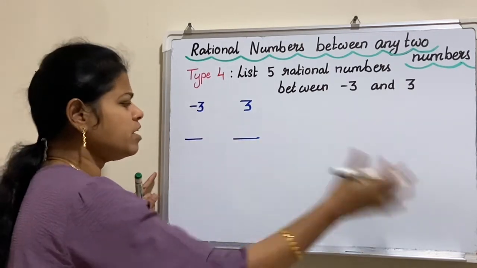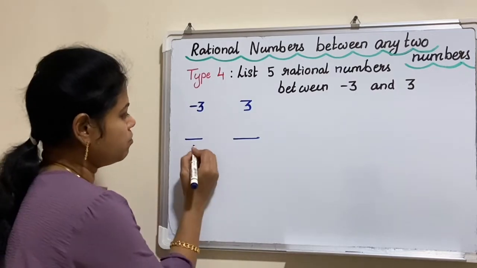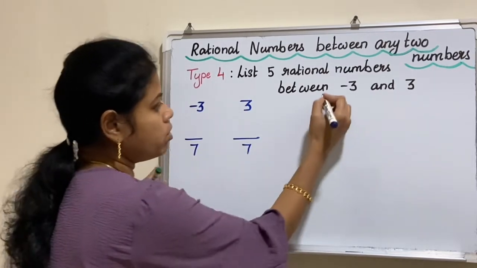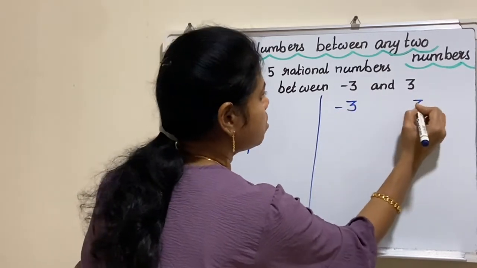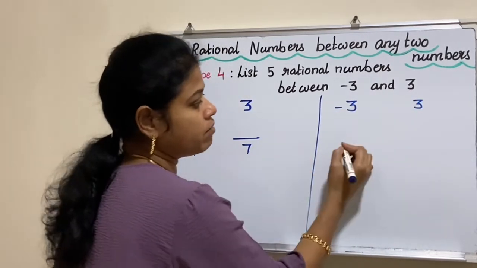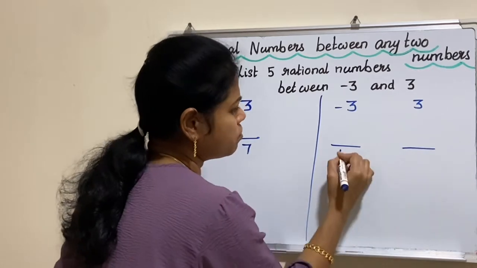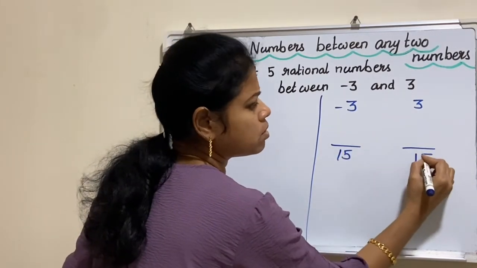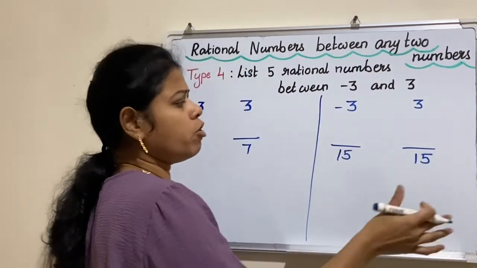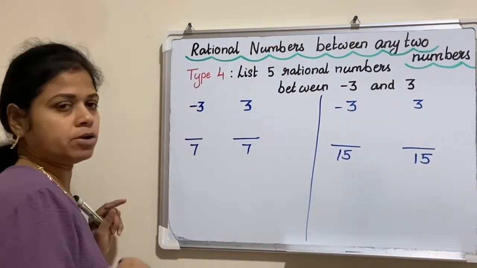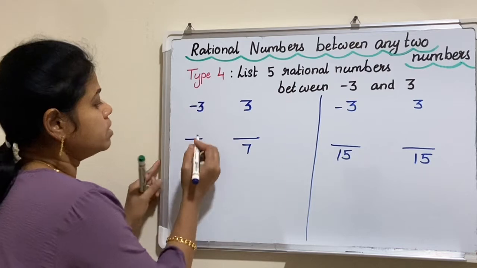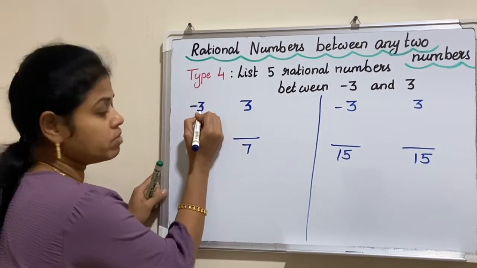You can make any denominator, like if you can take 7, or let me show another type also for the same number, another answer. Okay, so instead of 7 denominator, you can take 15, 25, 35, any denominator. You can take denominator as any number. The numerator, for writing the numerator, this denominator you have to multiply with this number.